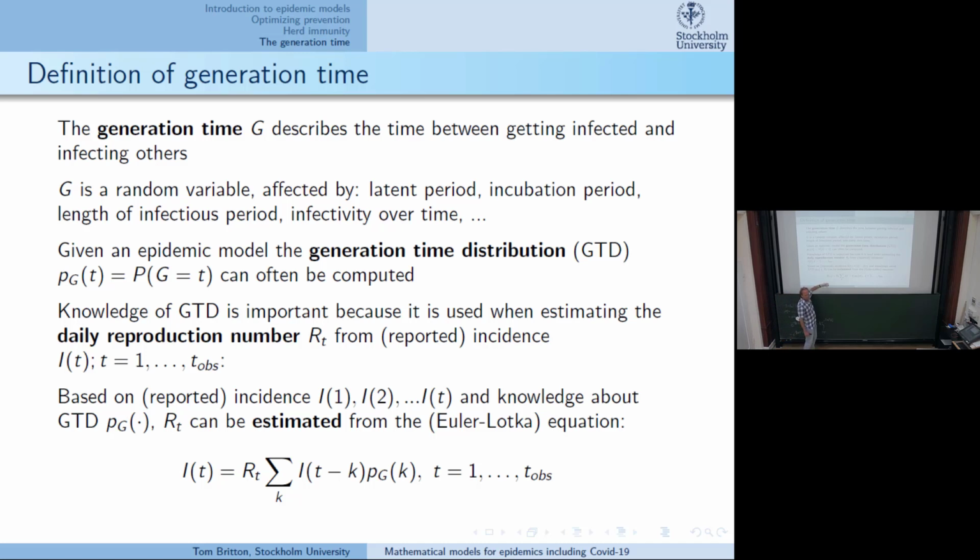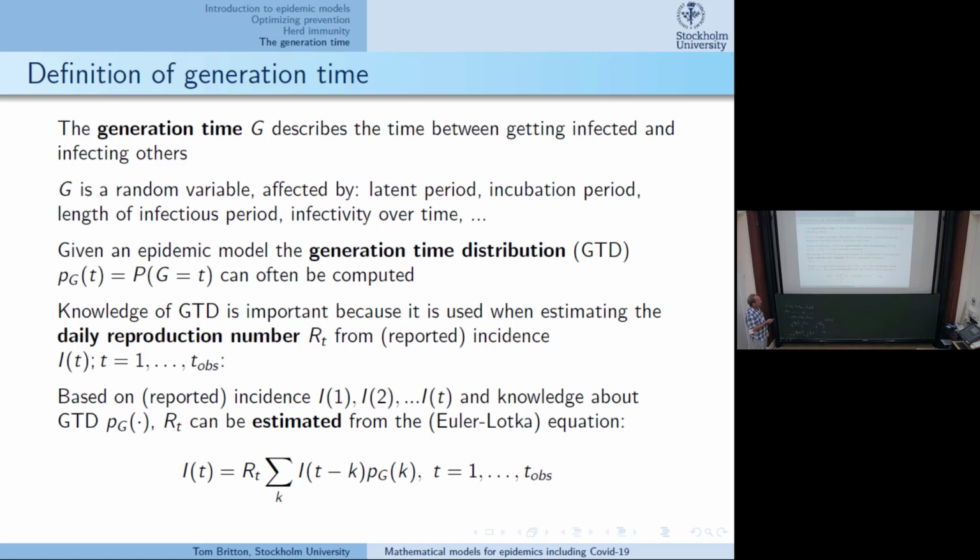But the second best is a proxy of it, and that's the reported number of cases. Then if you have this up until now, you can estimate from this. If you have data on this and you know this, you can estimate the reproduction number for each day, and usually they make some type of smoothing so it doesn't vary too much. But this is how the daily reproduction number is estimated in your countries.